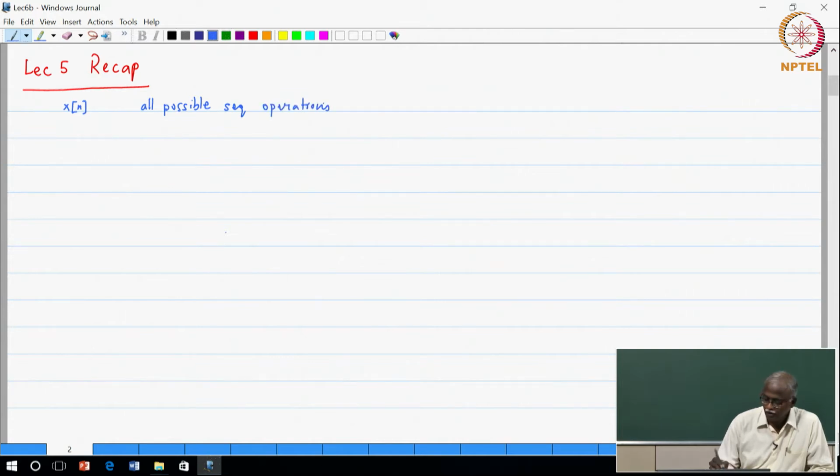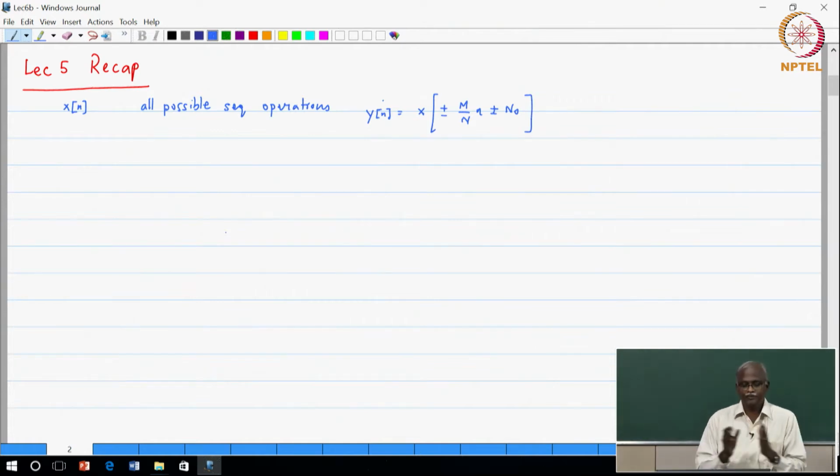Sequence operations can be represented as y of n is equal to x of plus or minus M by N times n plus or minus n naught. So, I can have positive shifts, negative shifts, increase in sampling rate, decrease in sampling rate, and I can have time reversal as well.